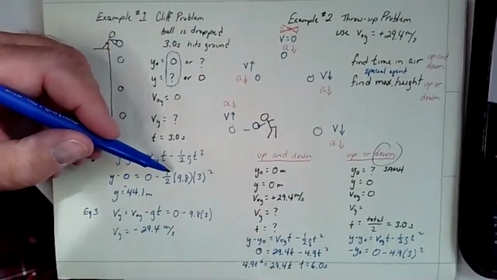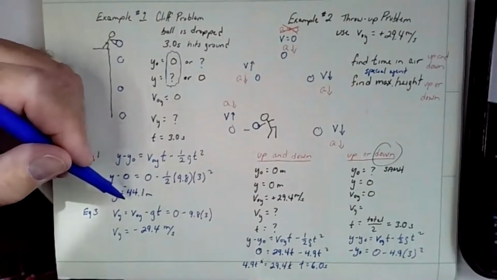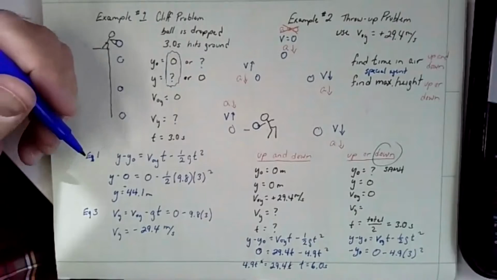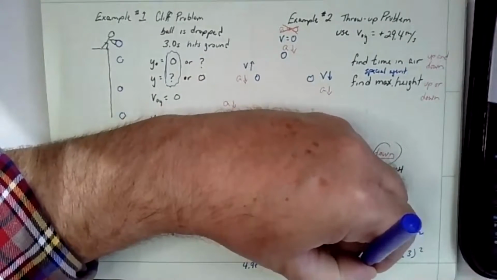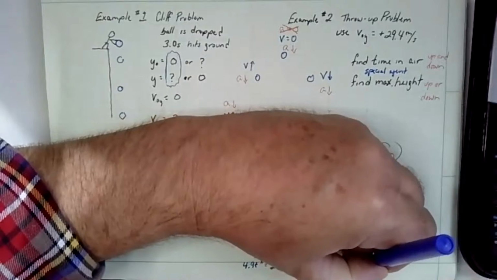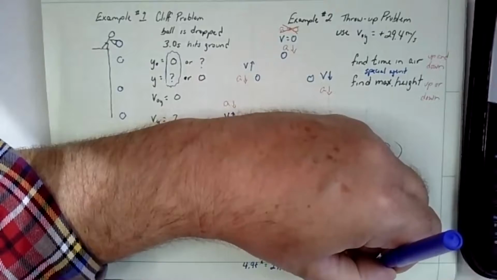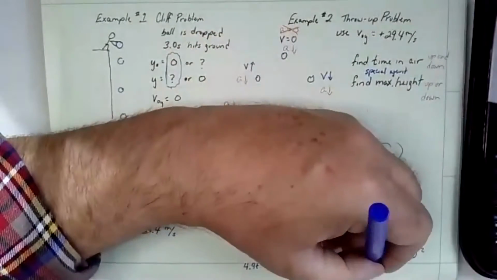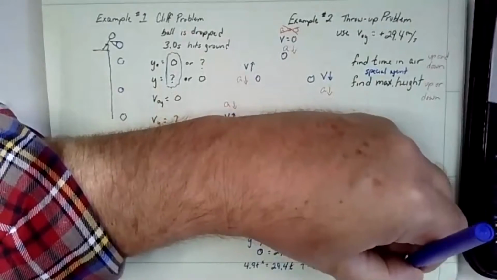I did it over here. 1/2 of 9.8 is 4.9 times 3. Yeah, so the initial height is 44, or max height. Whoops, I kind of forgot them. There we go.